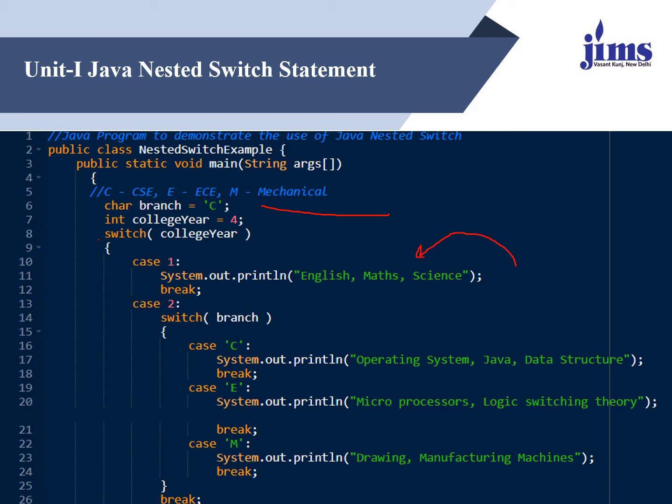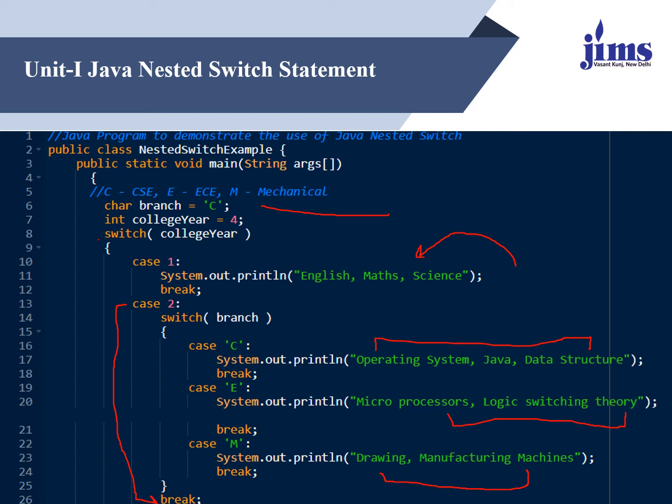If it is case 2, we are switching on branch, and in branch we are checking. If it is C, we mention other subjects: OS, Java and data structure. If it is E, microprocessor, logic, switching theory. If it is M, mechanical, then drawing, manufacturing, machine, break. This break is for this particular case, case 2.